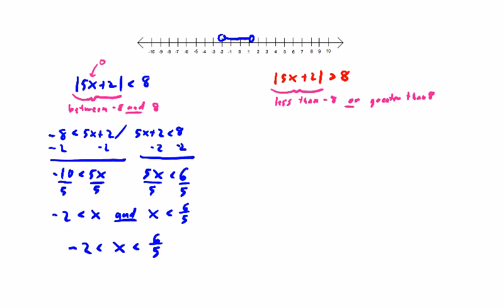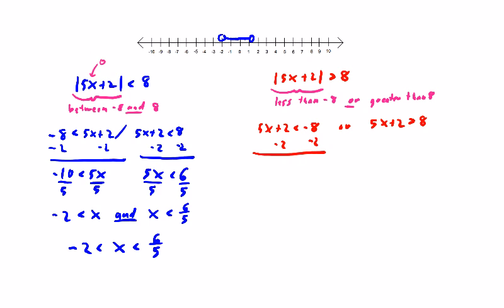A number like 9 is also going to be greater than 8 when we take its absolute value. So let's work out that solution. We better have 5x plus 2 must be less than negative 8, or 5x plus 2 must be greater than 8.